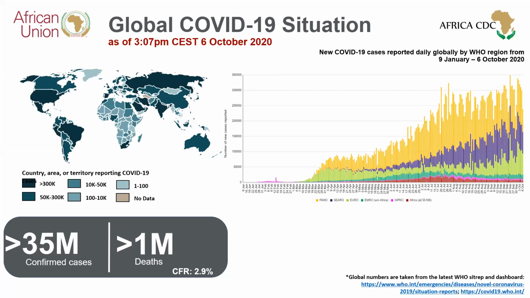And Africa in the dark red color currently accounts for about 4.5% of all COVID-19 cases reported globally. Overall, more than 35 million confirmed cases have been reported, resulting in over 1 million deaths with a case fatality rate of 2.9%.